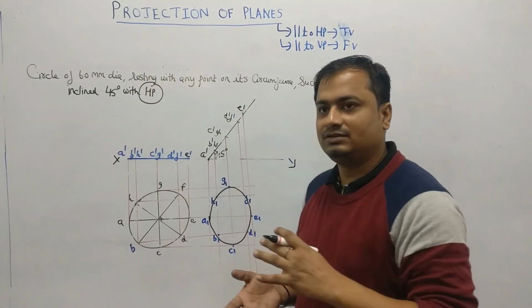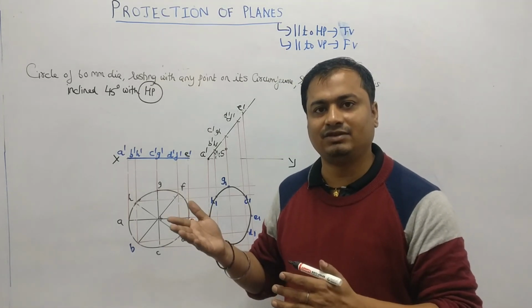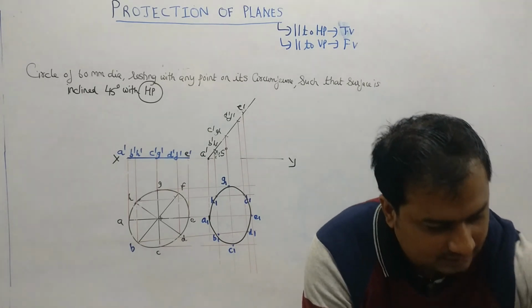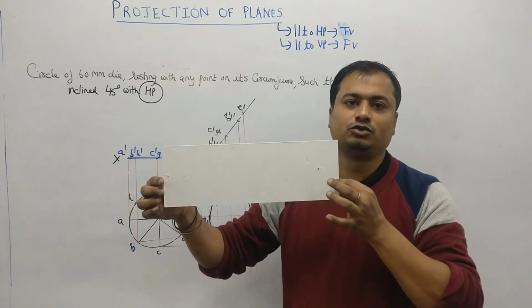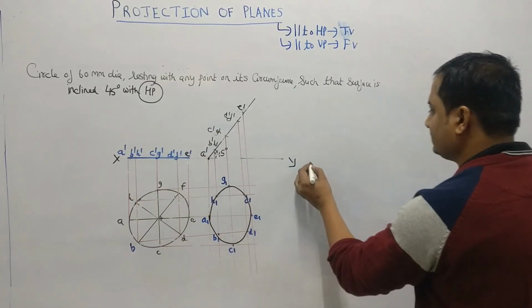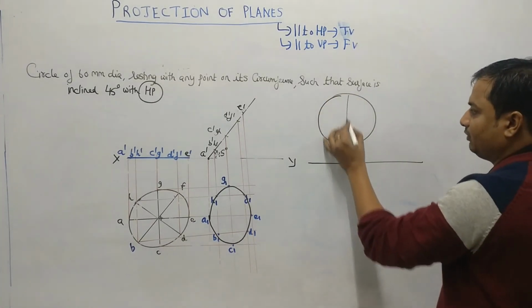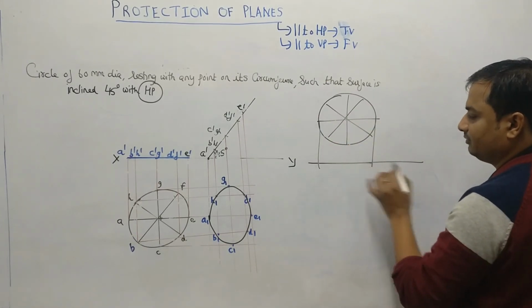If the same problem is on the basis of VP, and I say the surface is inclined with the VP, you have to assume it parallel to VP, so all your figures are going to be reversed like this. You will be getting the circle in the front with 8 equal parts, and you will be getting the top view here.